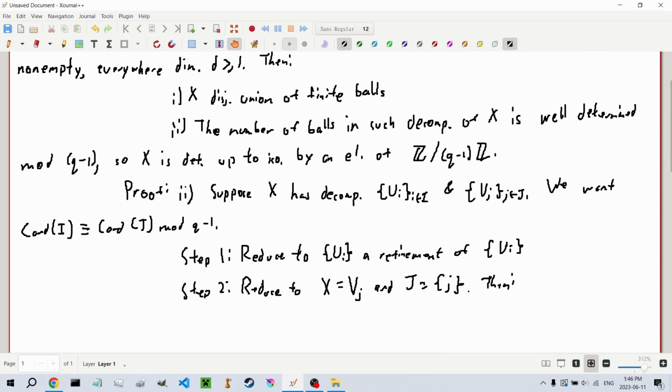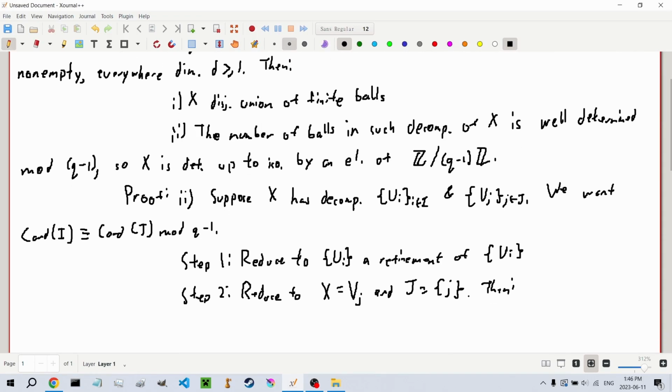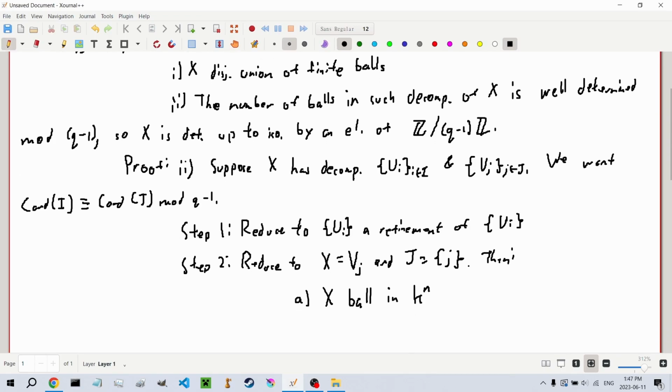Then we have, in this reduced case, first off, X is a ball in K to the n. Secondly, each U_i is a ball in K to the n.